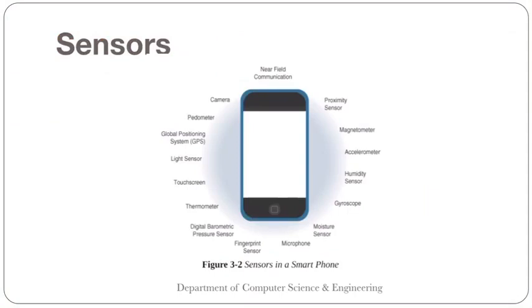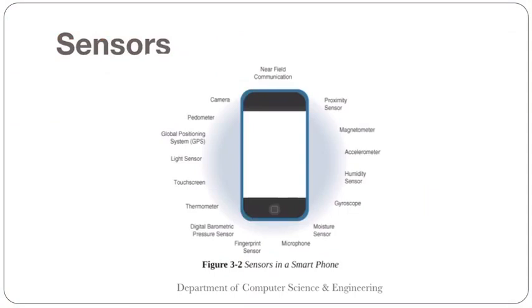Then humidity sensor, and gyroscope, which adds an additional dimension to your accelerometer. Then we have a microphone, which is converting our voice signal. Then the moisture sensor. Then we have a fingerprint sensor, which detects our fingerprint to unlock your phone, right?